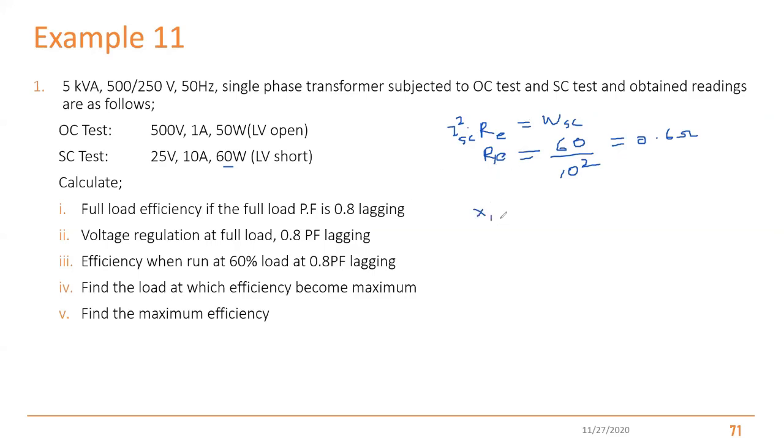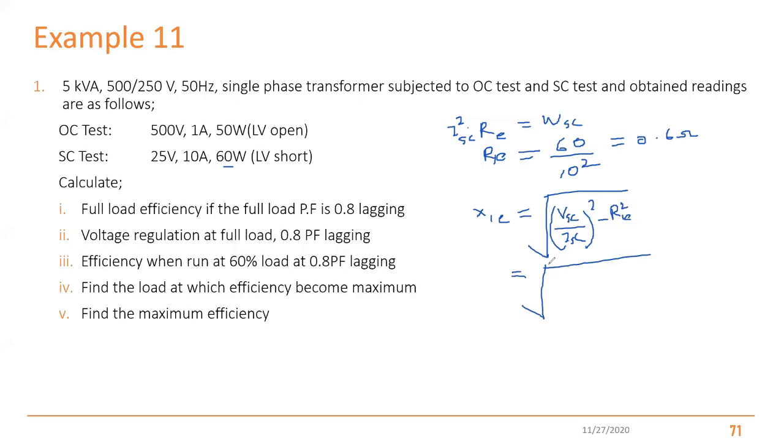So X1E is given by root of VSC divided by ISC, which is the impedance, squared, minus R1E squared.